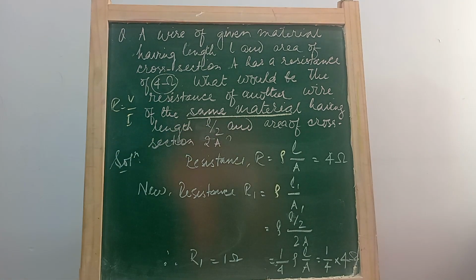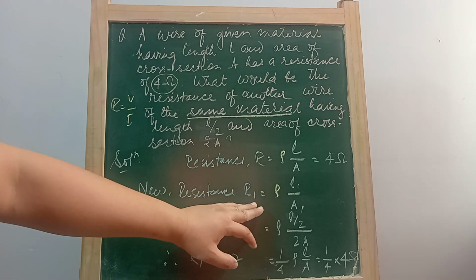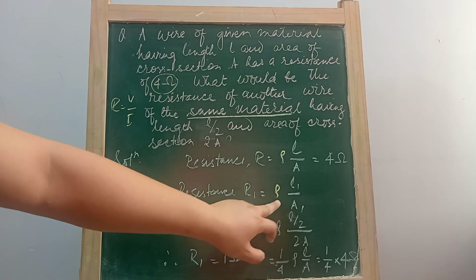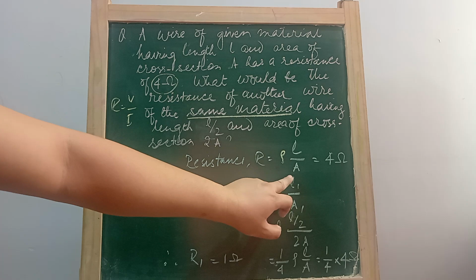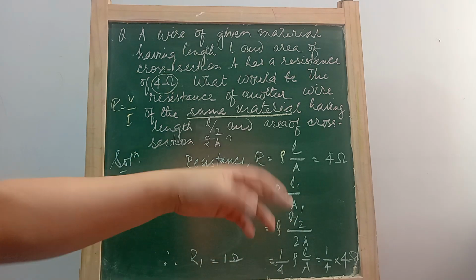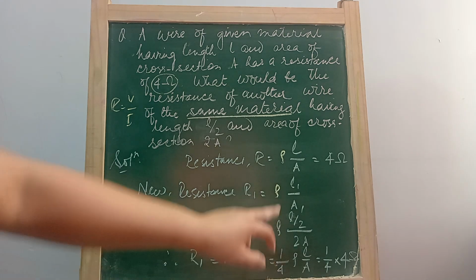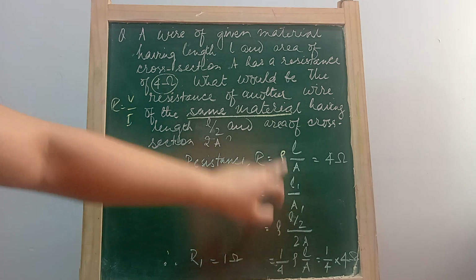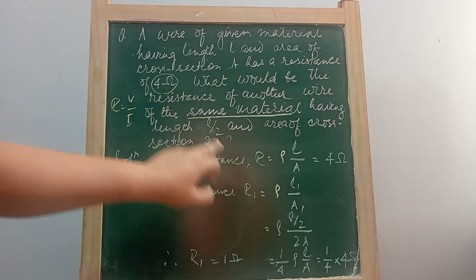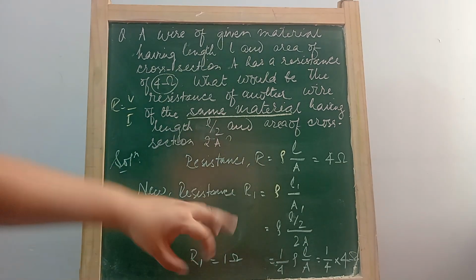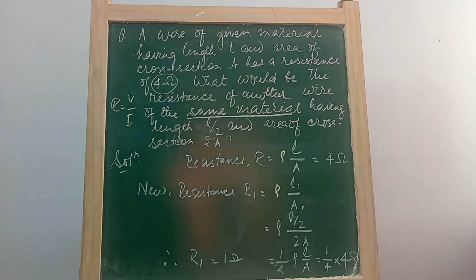Now we are required to calculate the new resistance R1. It will have the same resistivity multiplied by length upon area of cross section. Let the new length be L1 and the new area of cross section be A1. The new length L1 will be half of L, that is L by 2. The new cross section area will be 2 times the earlier area A, that is 2A.